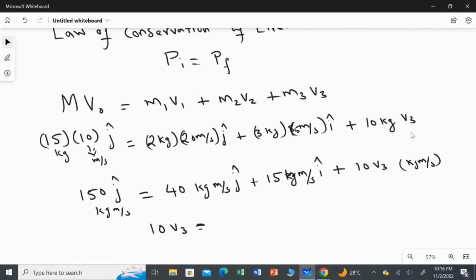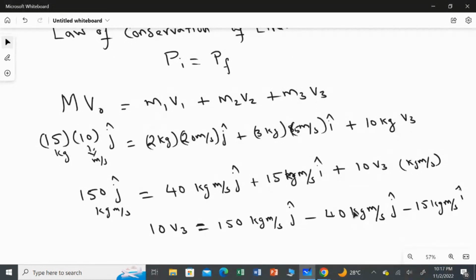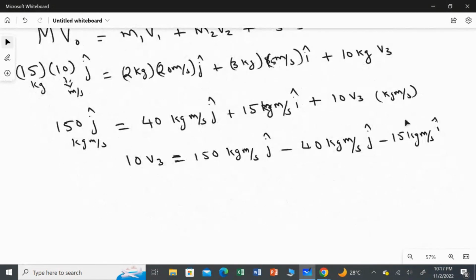By that this equation becomes 150 kilogram meter per second j cap. It's already on the left hand side. Now I am going to move this 40 to the left hand side. By that it becomes minus 40 kilogram meter per second j cap, and I am going to move this 15 to the left hand side, minus 15 kilogram meter per second I cap. Clear? Okay. I'm going to subtract these two, because both are j cap.